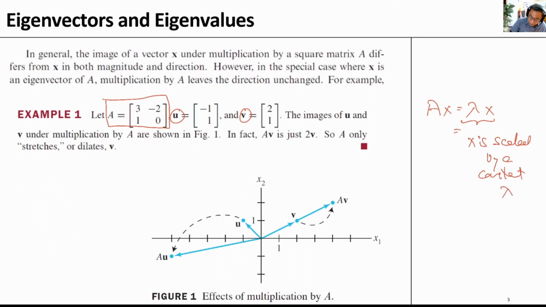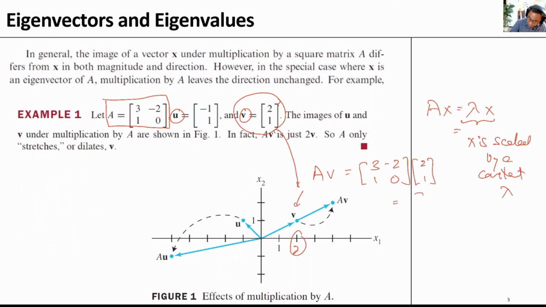Now, in the case of a two-dimensional vector, for example, in this case v, this is 2, and this is 1. When we do A multiplied by V, what we are doing, of course, is nothing but putting the matrix A here, multiplying by 2, 1.